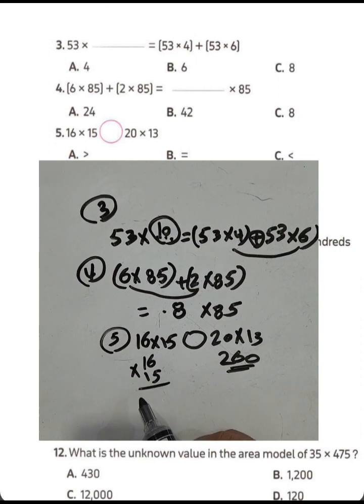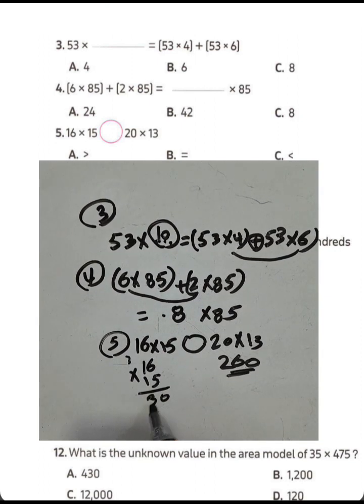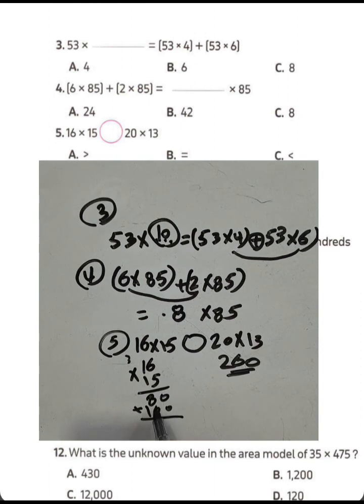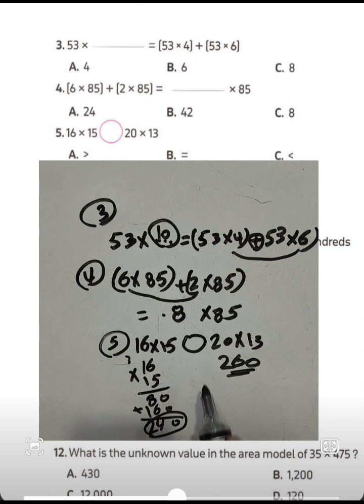And 16 times 15 equals what? 5 times 6 equals 30, write 0 and carry up 3. 1 times 5 equals 5, plus 3 equals 8, and 1 times 16 equals 16, and write 0 on the right hand side. And then 80 plus 160, the result will be 240. So 260 is greater than 240.